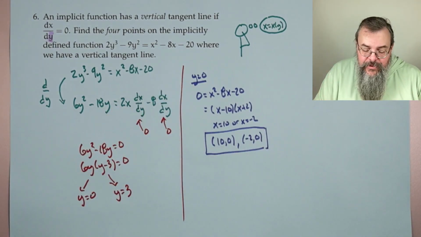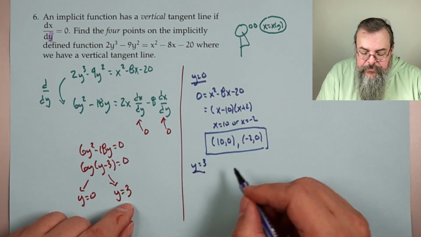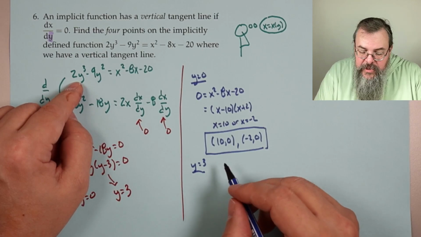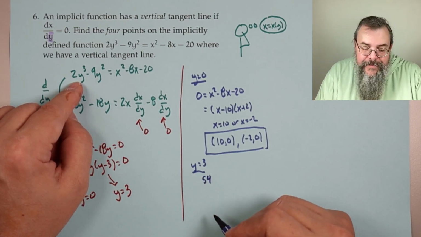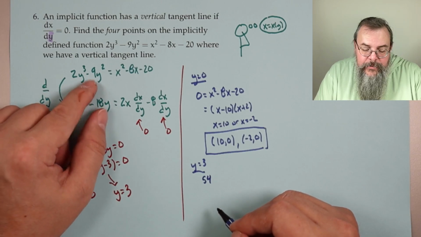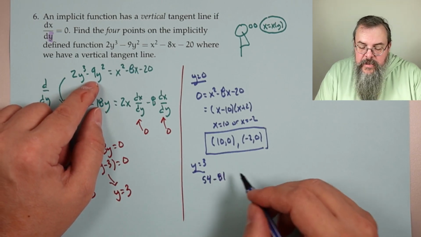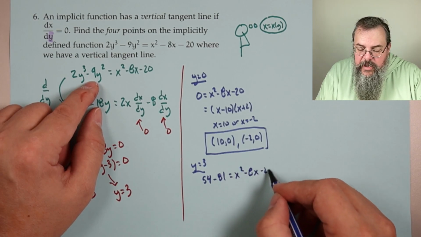But that's only half the story, because we also have another half. What happens if y equals 3? Well, 2 times 3 cubed is 54, right? 3 cubed is 27. And 9 times 3 squared is 81, equal to x squared minus 8x minus 20.